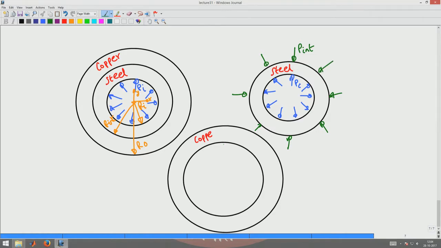Similarly, there will be a P interface acting on the copper vessel like this.